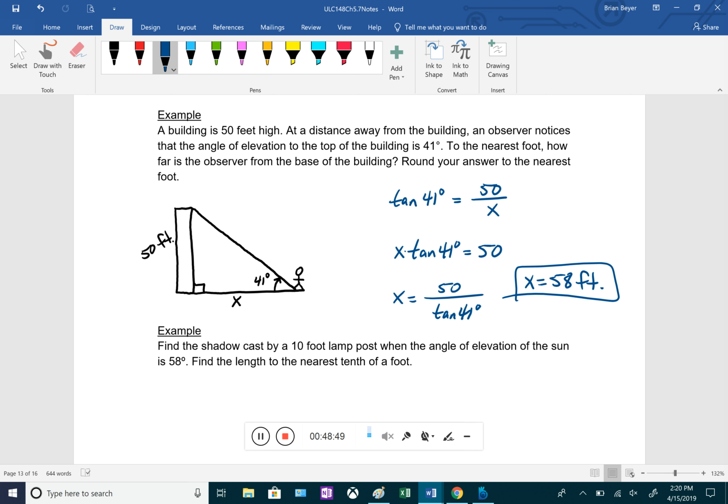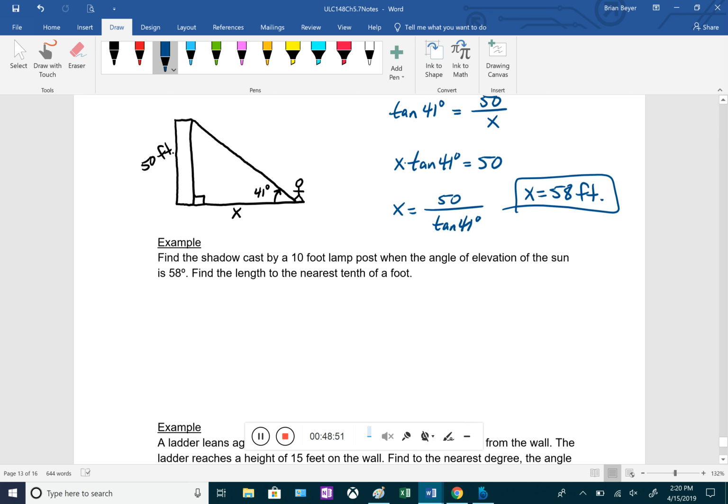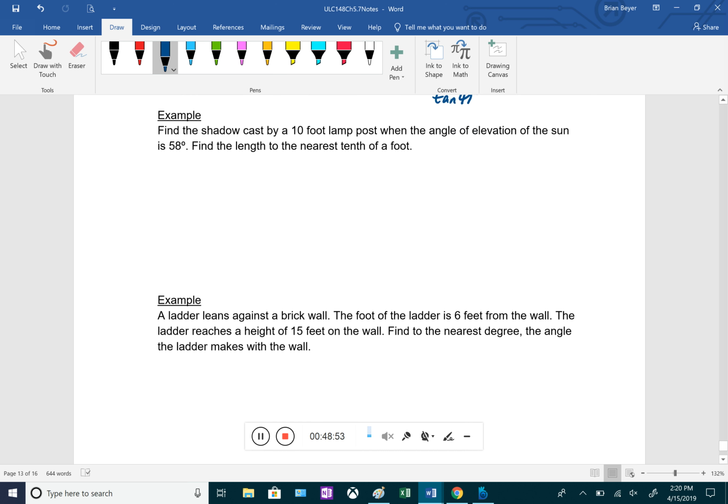Next one: find the shadow cast by a 10-foot lamp post when the angle of elevation of the sun is 58 degrees. Find the length to the nearest tenth of a foot. Okay, so we draw our lamp post. And we have a shadow being cast, so there's a shadow on the ground.